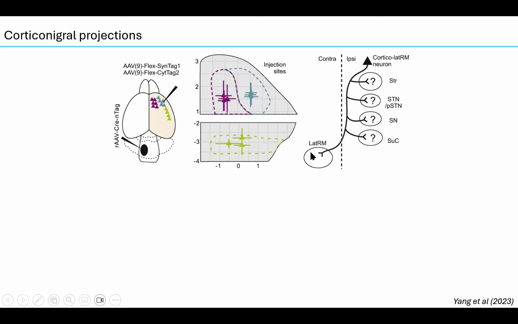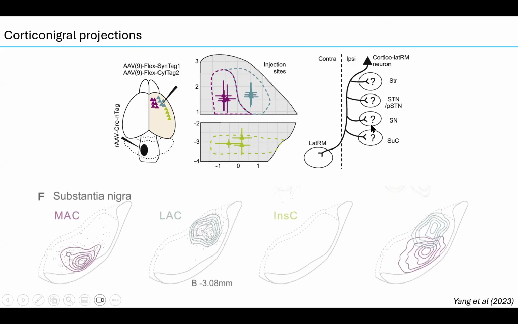So they analyzed the different other targets that receive input from these pyramidal cells. And we were surprised to see quite a strong innervation of the substantia nigra pars reticulata. So basically, an anatomical basis for a projection from the cortex directly to the SNr, and it had different topographical organization that reflected the type of the cortical origin of the pathway.